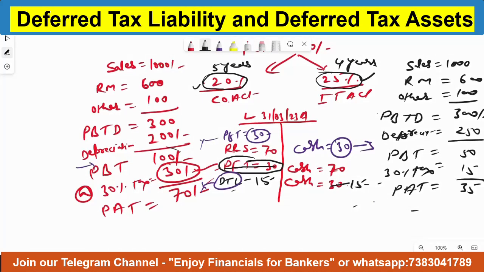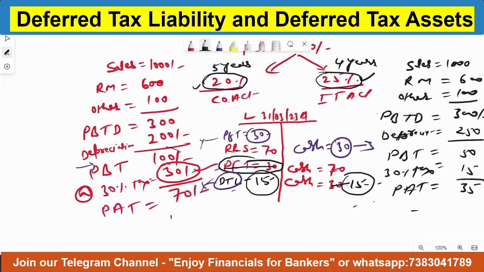Now friends, we will discuss why we are showing it here as a deferred tax liability, not provision for tax. Because this 15 rupees the company need not pay immediately. The company has to pay maybe after 3 years, 4 years, 5 years or 10 years, depending upon the depreciation that has been booked as per the Company Act or as per the Income Tax Act.